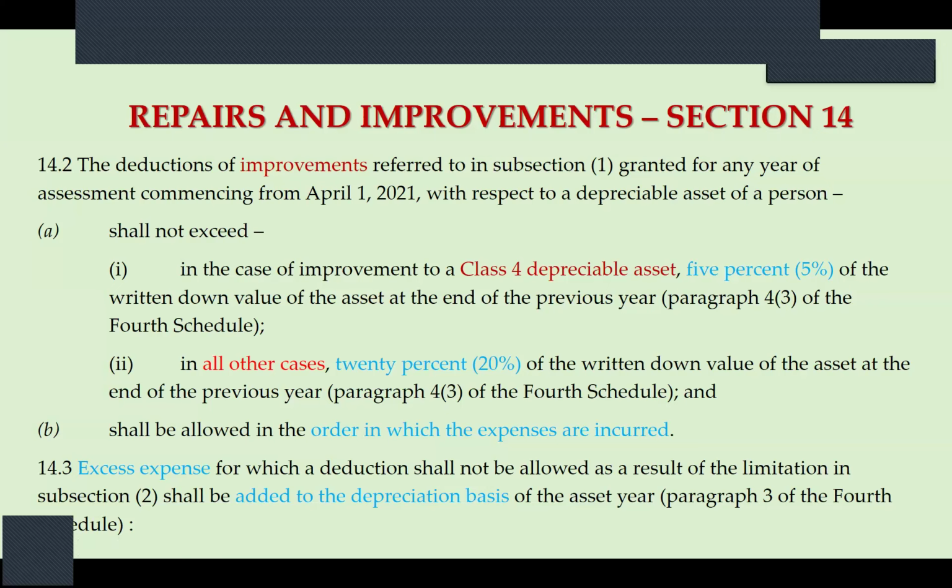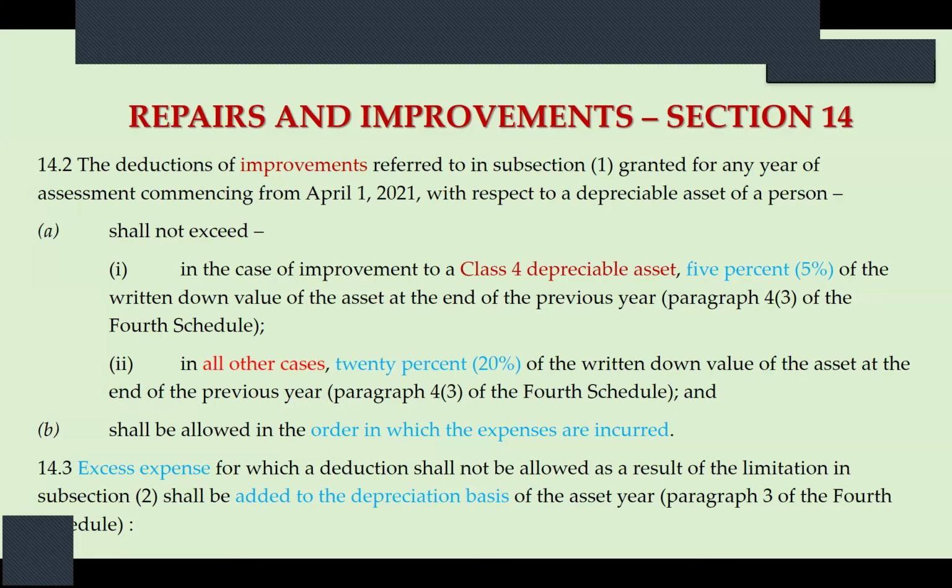So how do we do these things? What is the class 4 asset? In the Act, under Schedule 4, paragraph 4.3 of the 4th schedule, we have a depreciable assets table. In that depreciable assets table, assets are classified into 6 classes.